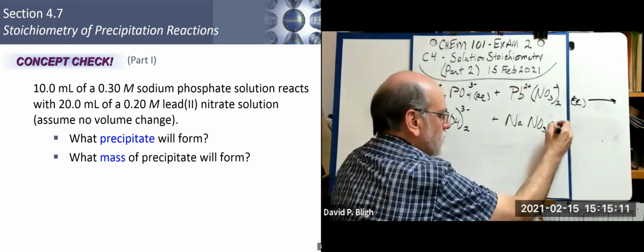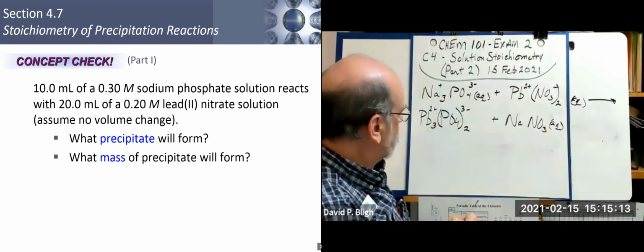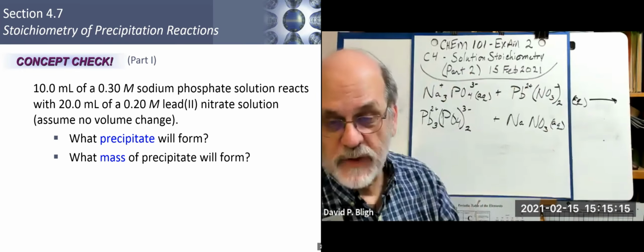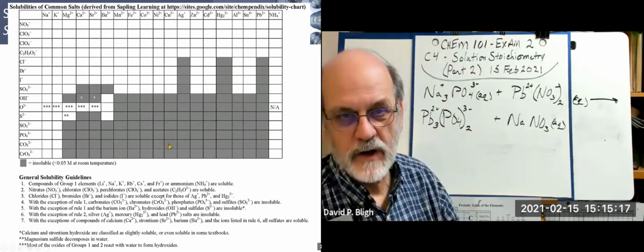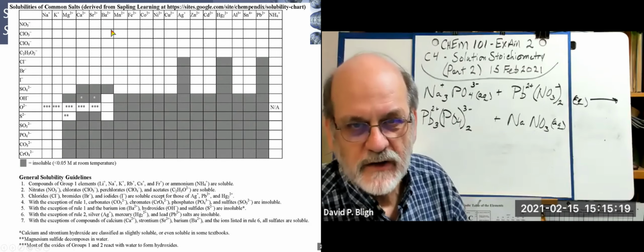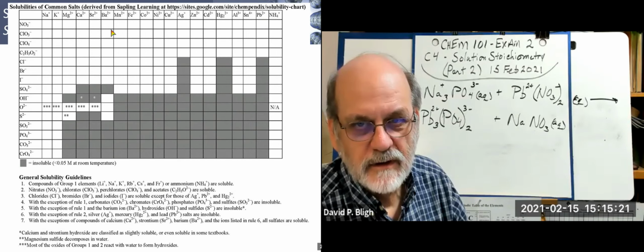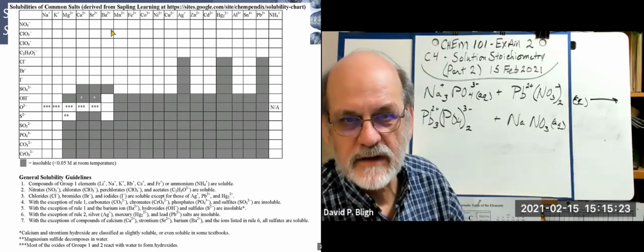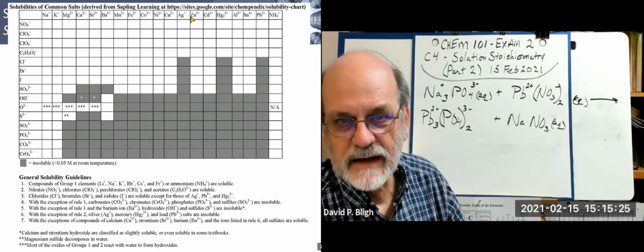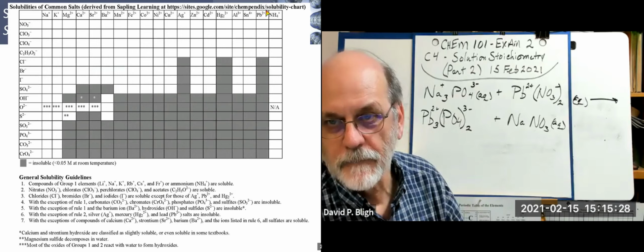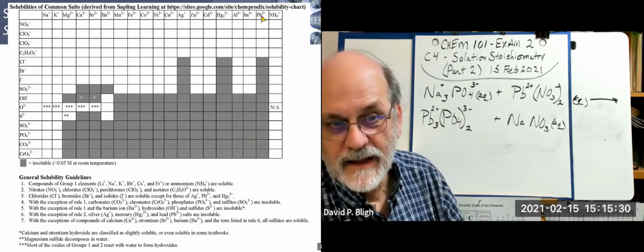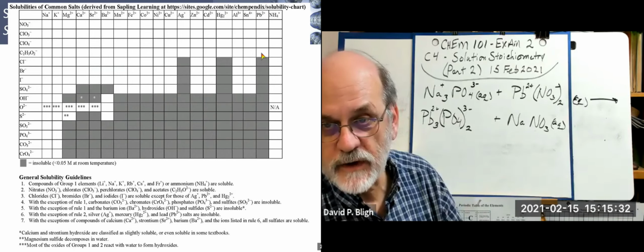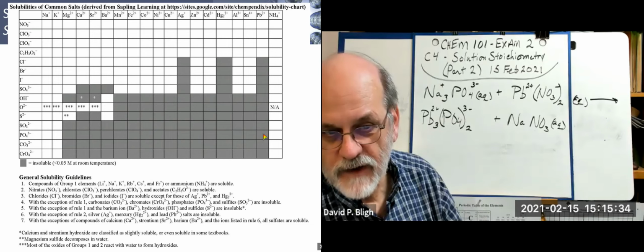And it's soluble. But if we look at that chart, lead 2 plus and phosphate, let's go back. Here we go. So lead 2 plus, where is lead 2 plus? I got to move this thing out of my way or I can't see. Lead 2 plus right here. Okay. Then we follow down until we reach phosphate right here.